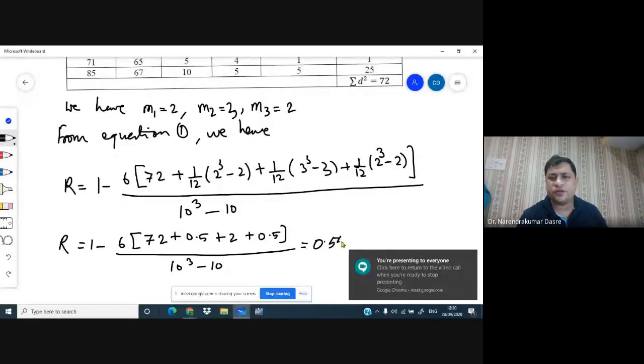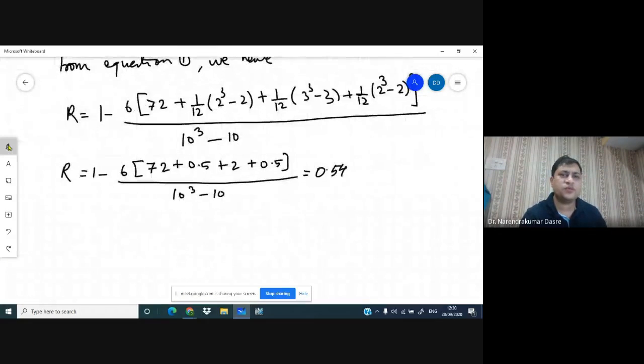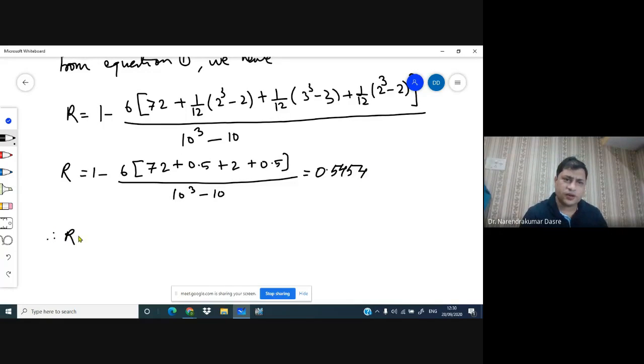Okay, that's great. You got a value. Be careful when writing the decimal point. Okay, so that's good. So we got 0.54, so R is equal to 0.5454.